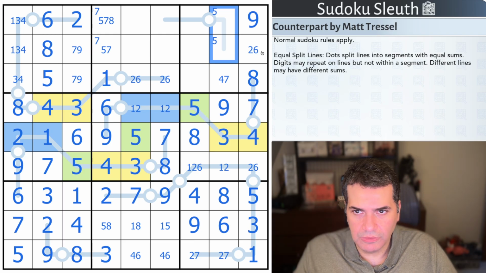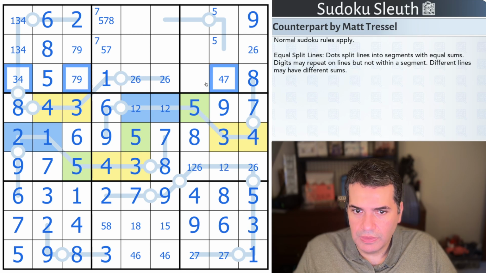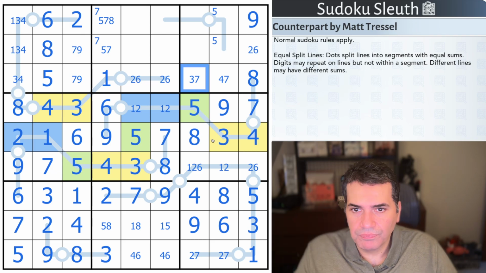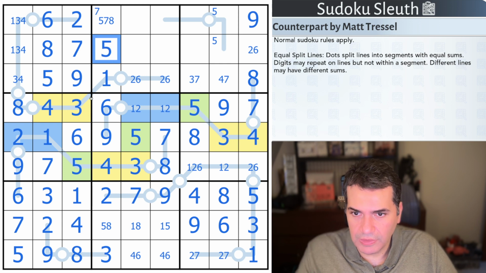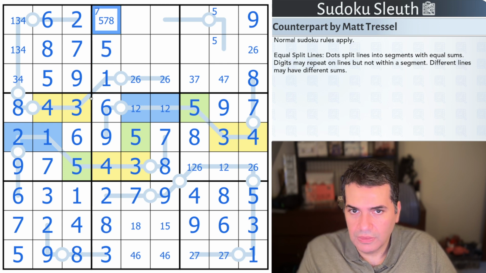And pencil marking the rest of it feels like nonsense. Right, 3, 4, 7, 9. This cell is not 4 or 9, it is 3 or 7. So the only place for a 9 in row 3 is in here. That's 9, that's 7, that's 5, that's 8, that's 7.